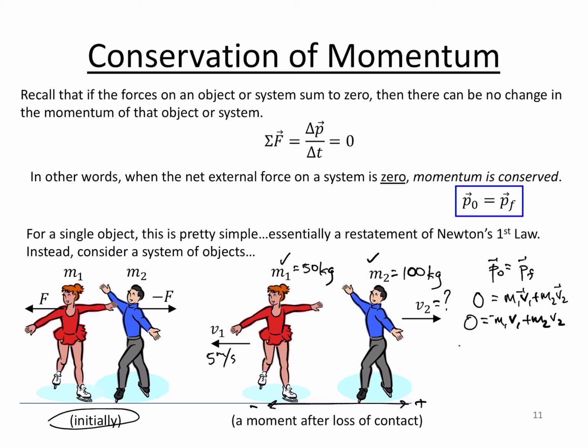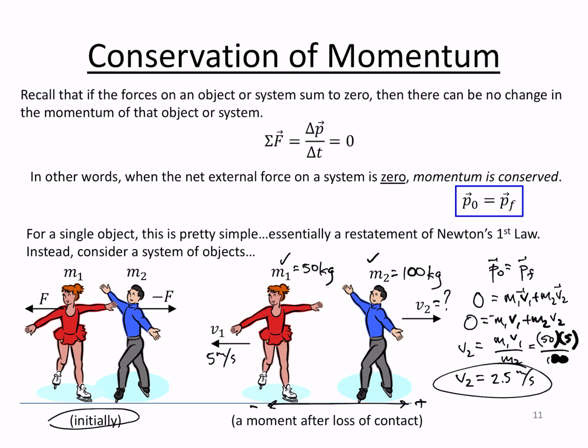And so we can solve for v2 by moving this term to the other side and dividing both sides by the mass of the male ice skater here. Okay, so if we plug all this in, we get 50 times 5 divided by 100, and that gives us 50 times 5 is 250, divided by 100 is 2.5 meters per second.